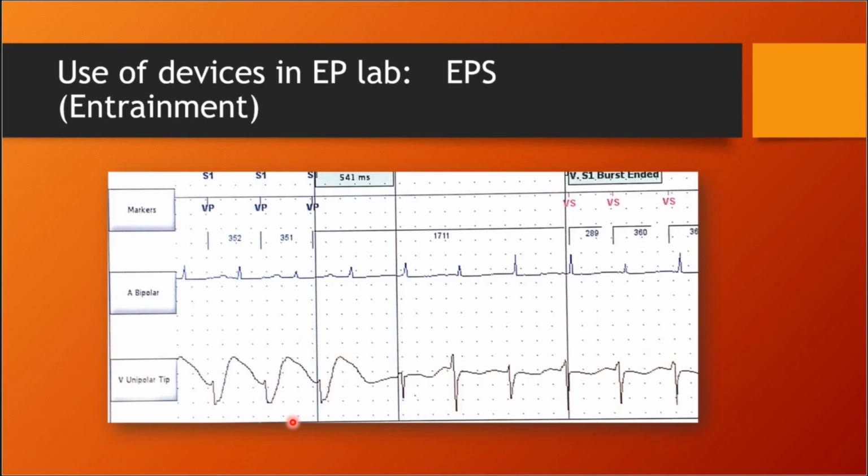Now, when we entrain the tachycardia from the ventricular pacing, which we managed to do here, we actually get to see if the ventricle is part of the tachycardia circuit. And once we stop pacing the ventricle by entraining it slightly faster than the tachycardia cycle length, we can see the response. The response we can see here is we have our last beat of pacing from the ventricle, or V beat.